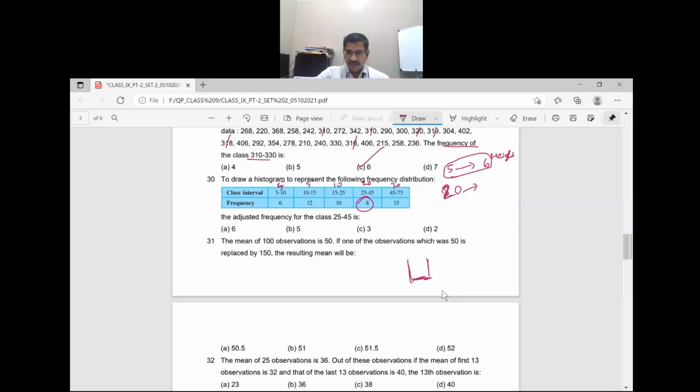So for the class width 5, 6 centimeters is the height. Now I have got the width increased to 20. So the frequency, the height, should be reduced now. Why? Because here the width has increased to 20 and it must change proportionately.